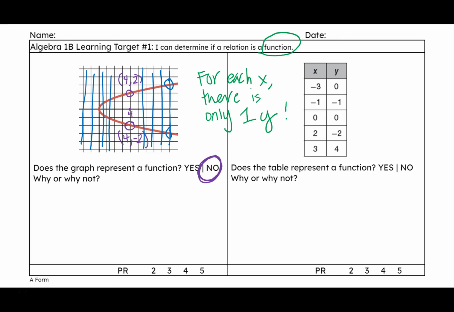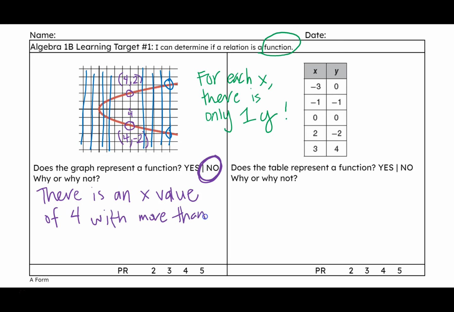So I would explain no by saying something like there is an x value, and in this case we chose 4. You could have had many different options to choose from here, with more than one value for y.